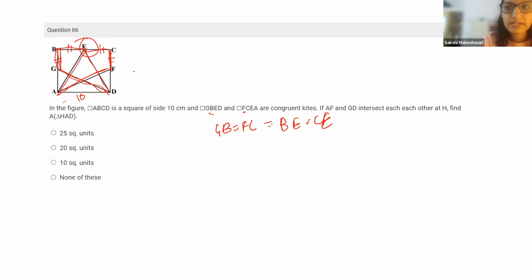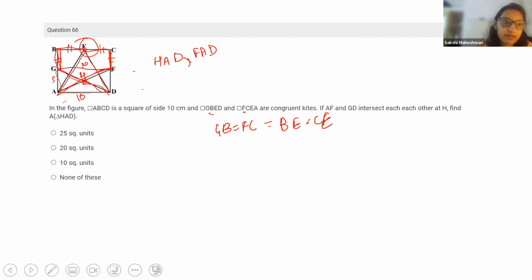Now if they intersect at H, since this is a midpoint, if I join it, it will become a rectangle with sides 10 and 5. And H is this midpoint, so this is the midpoint of the diagonals, right? So that means this is of equal area, okay? This and this are also equal, like HAD and FAD. These are rectangles with equal areas, right? Since this is the midpoint on the same base, this will be equal.